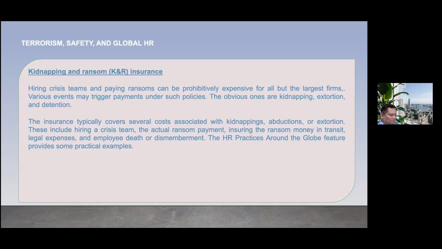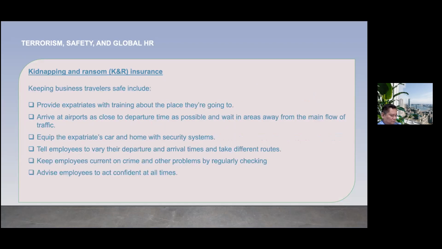The HR practices around the globe feature provides some practical examples. Now, here are the examples for keeping business travelers safe. Number one is to provide the expatriates with training about the place they're going to so they're more oriented. The travelers must also arrive at airports as close to departure time as possible and wait in areas away from the main flow of traffic.